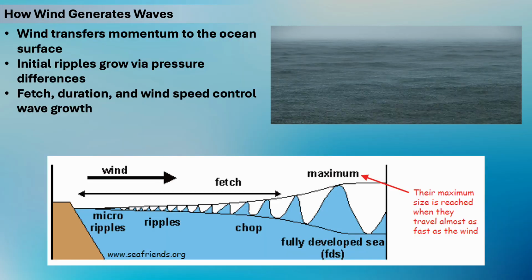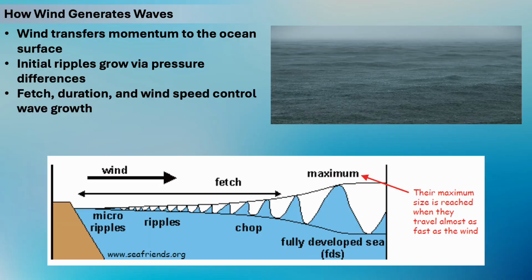As these ripples grow, they present a larger surface to the wind, and that increases energy transfer even more. This positive feedback continues until limiting factors such as wave breaking or changes in wind conditions halt their growth even further.